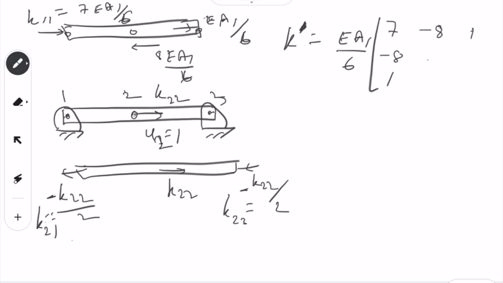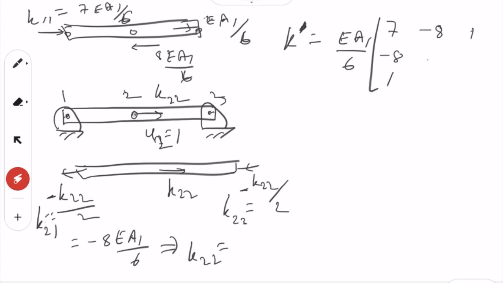So this is equal to minus 8 EA1 over 6, and hence the value of K22 will be equal to what? Minus, plus, and this 2, so 8 times 2 is 16. So you get 16 EA1 over 6. So we get the value 16 here.